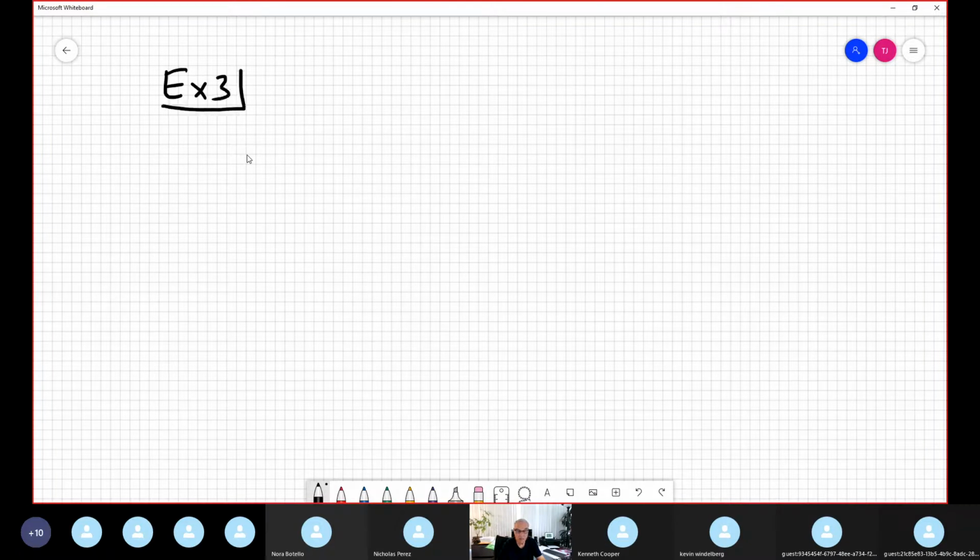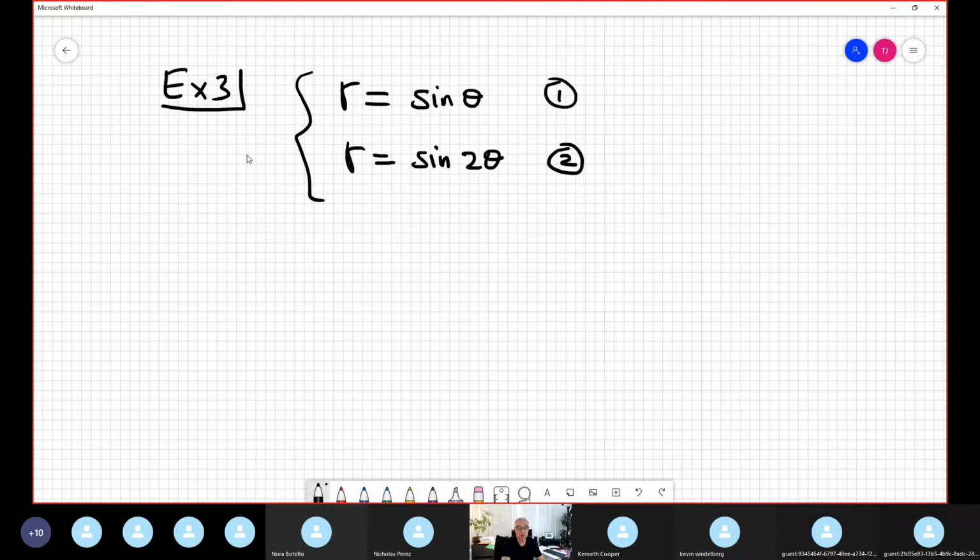Do you see the whiteboard? Yes, Professor. Equation 1 is r equals sine theta, and r equals sine 2 theta. Whoosh, what the hell? Okay, this is the same job: do the graph of both and find the intersecting points.